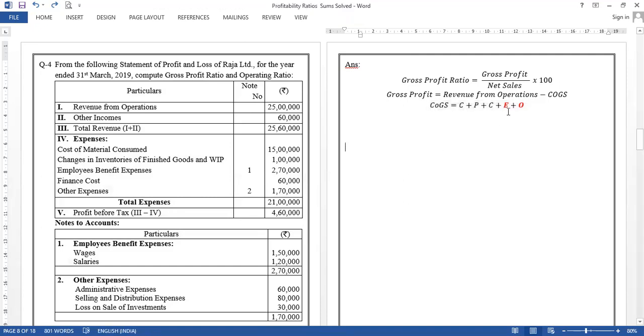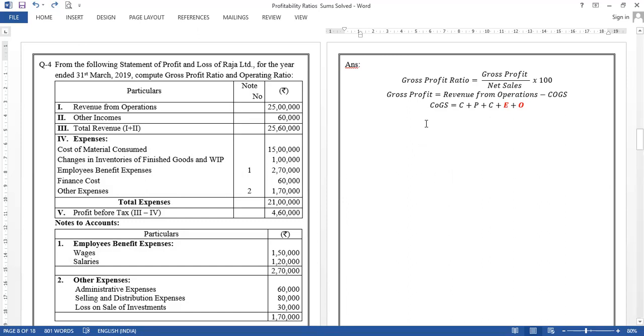Now again the question is, why have I marked employee benefit expenses and other expenses with red? Because from these expenses like employee benefit expenses, I need to take care of the direct expenses, because direct expenses only are a part of cost of goods sold. In the same way, from other expenses also, if I have any direct expenses, I will include that, right?